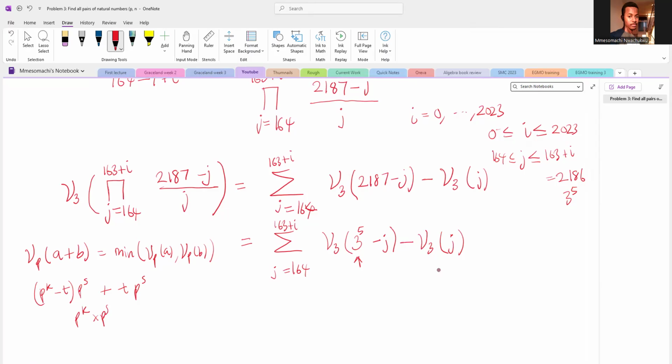This is the only time it doesn't work, but we don't have such a situation here. So you want to be careful about this. So I'll just put most times.